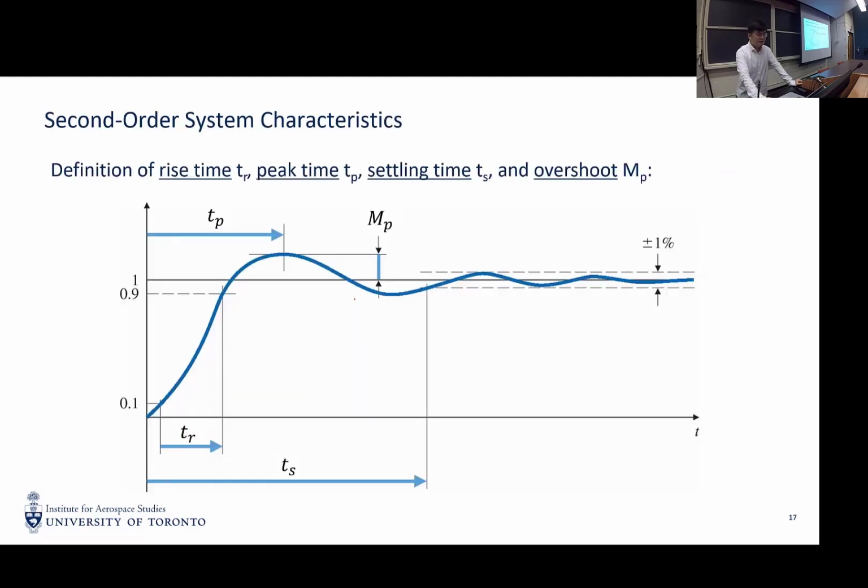This is a typical response diagram for a second order system. I think this should be covered in your linear system control course. Rise time is the time it takes to go from 0.1 to 0.9, and peak time is the time it takes to go to the peak. Settling time is the time it takes for all the states to settle within a 1% bound around the equilibrium.